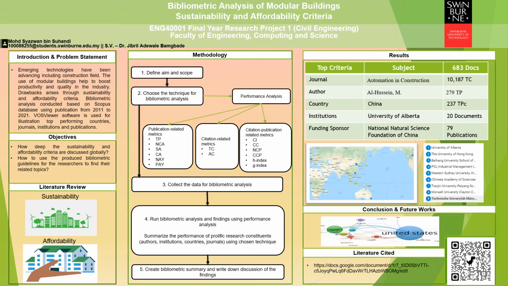With that, over the past few weeks, a few results have been obtained, which are shown here. We can see that out of 683 journal articles related to the keywords modular construction buildings, sustainability and affordability, we are able to identify the top journal, author, country, institutions, and funding sponsors for those papers.